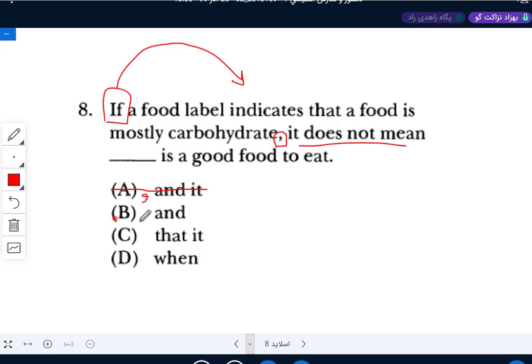If I choose choice B, what happens? I will have it doesn't mean and is a good food to eat. So here we have two verbal phrases, but they are not actually of the same position or form.